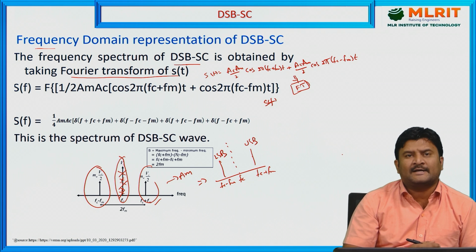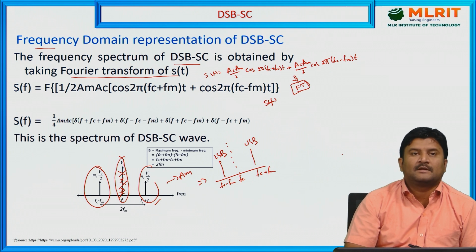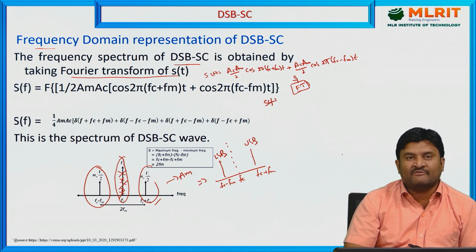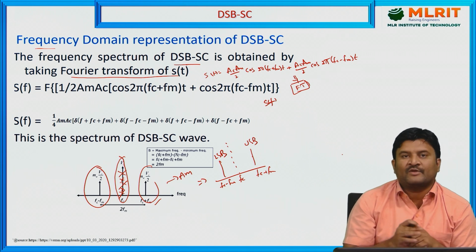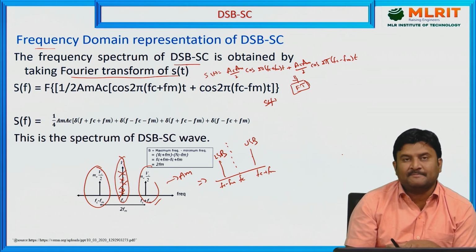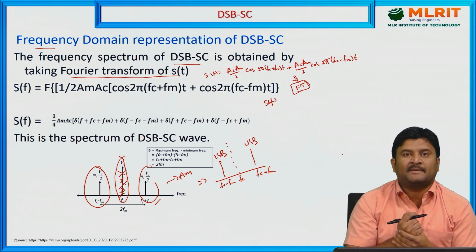Already we have the conditions. When doing DSB-SC, we follow the condition that the carrier frequency is much greater than the message signal frequency. Similarly, the amplitude of the carrier signal is greater than the amplitude of the message signal. With respect to those two conditions, we get the frequency spectrum with fc plus fm as the upper sideband and fc minus fm as the lower sideband information.